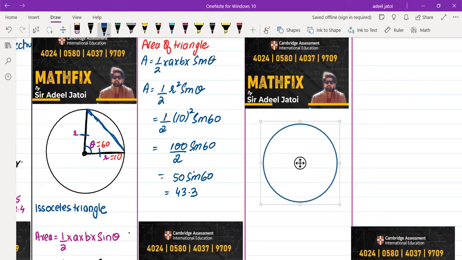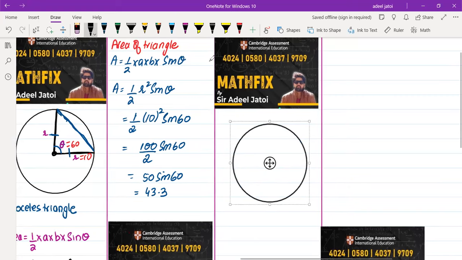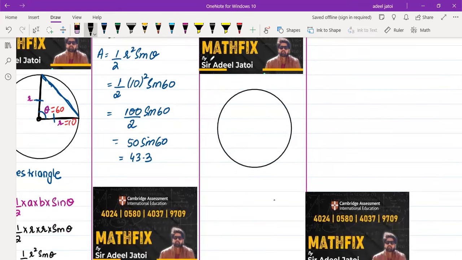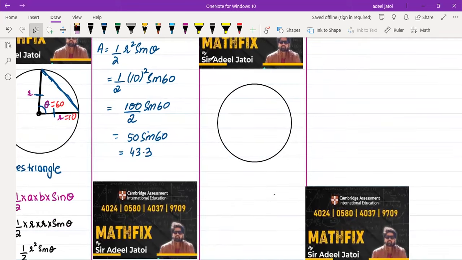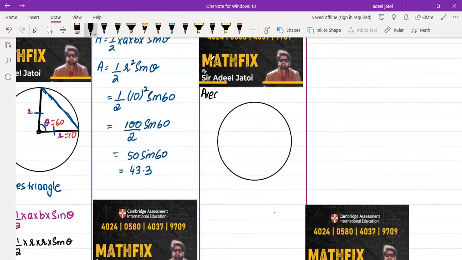So here is your circle again. Let's work out your minor segment and the major segment. This will be the area of segment. Again, we will have two segments in the circle. This is your radius, and this will become your other radius. So these are the two radii, and then we have a chord.